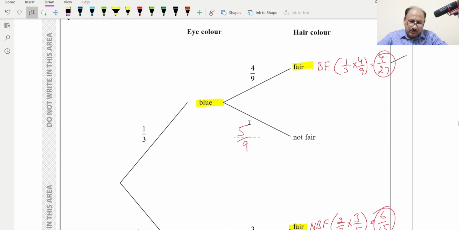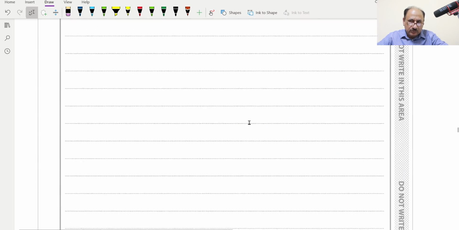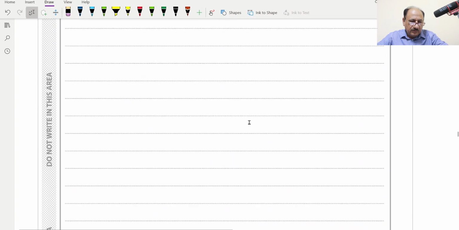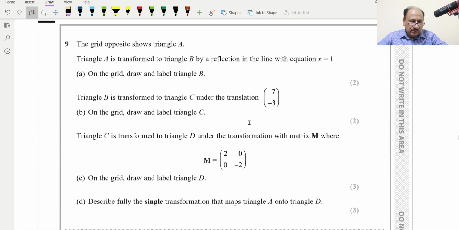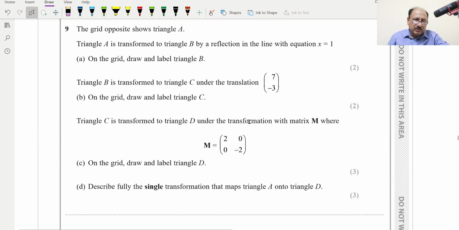Now we can move to the next question, and next question is question number 9. The grid opposite shows a triangle A, and triangle A is transformed to triangle B by a reflection in the line with equation x is equal to 1 on the grid.